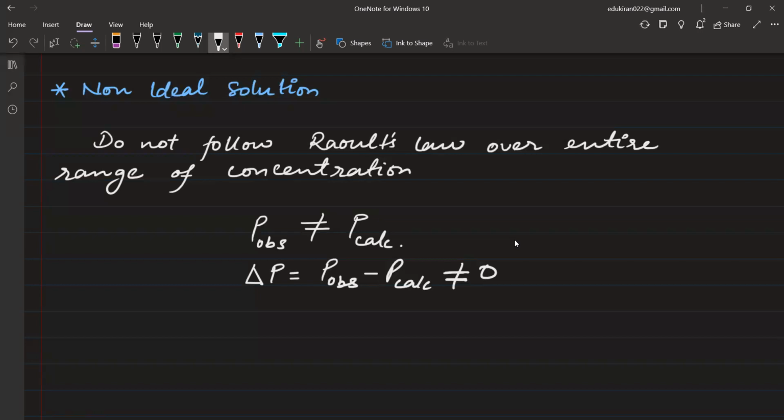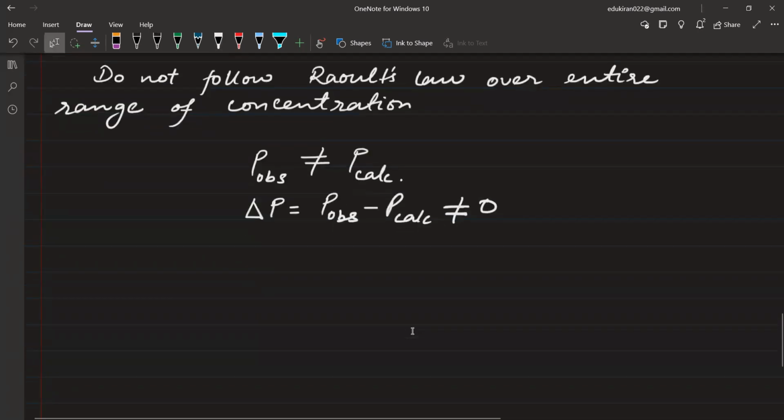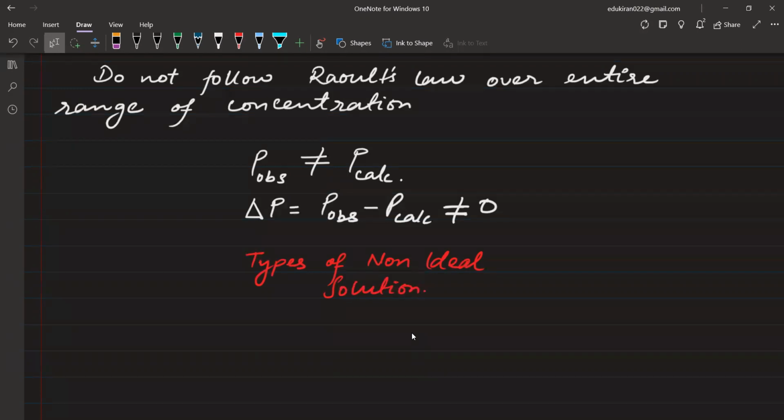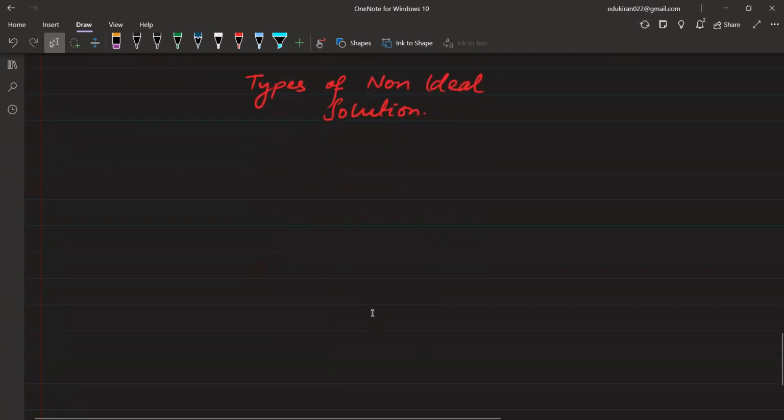Let us now see the types of non-ideal solution. Please write the topic: types of non-ideal solution.